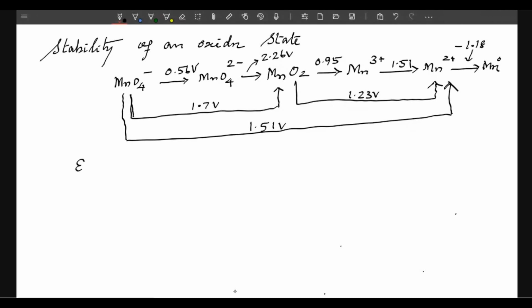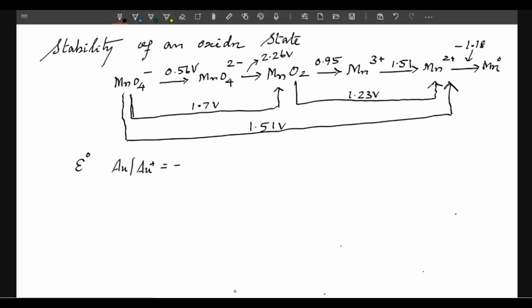Given the epsilon naught value of gold: for Au plus to Au, it is 1.68 volt, and for Au 3 plus to Au plus, it is 1.28 volt.